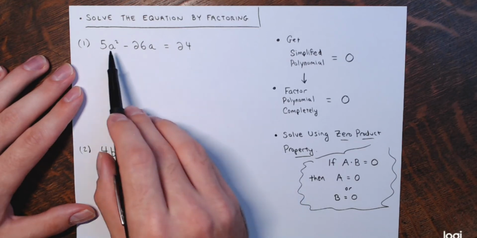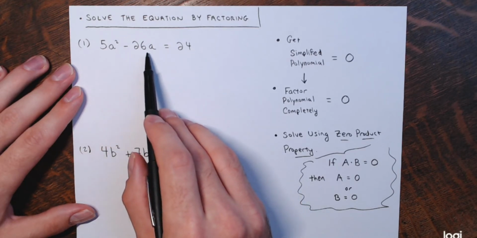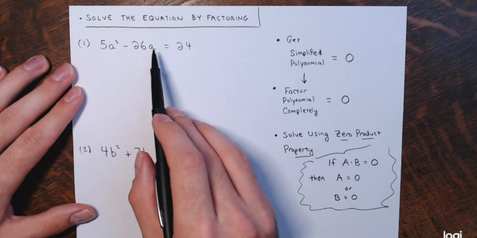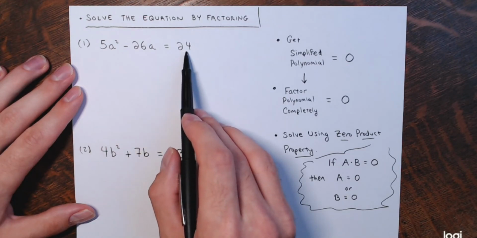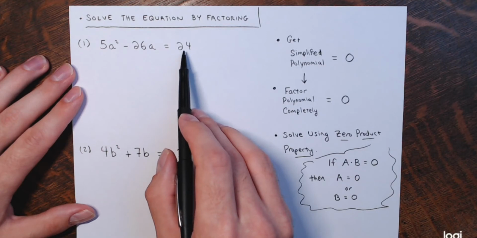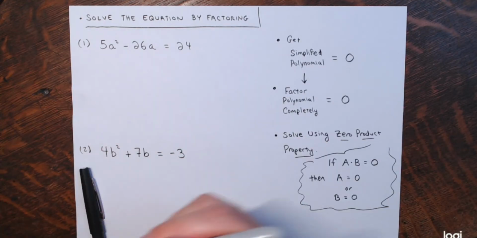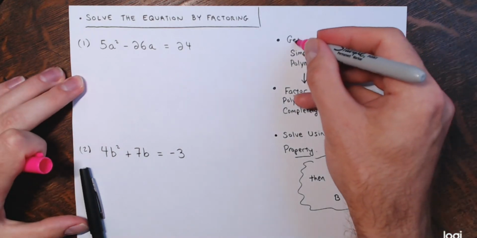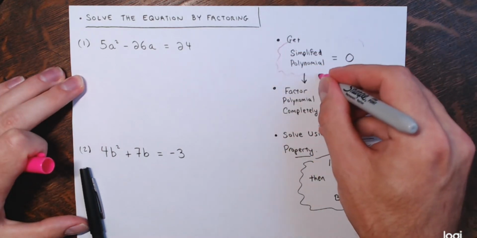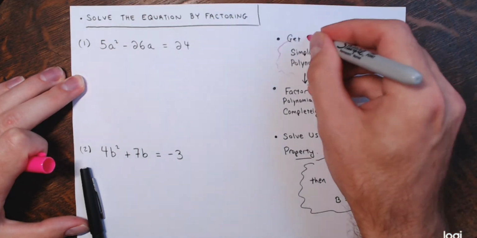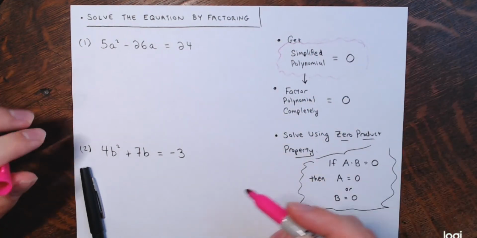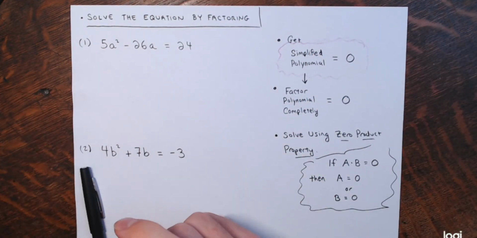All right, well, I have a polynomial on one side that's simplified, sure, but I have 24 on the other side. And again, I want this, right, I want to start off looking like this: a simplified polynomial on one side and 0 on the other.